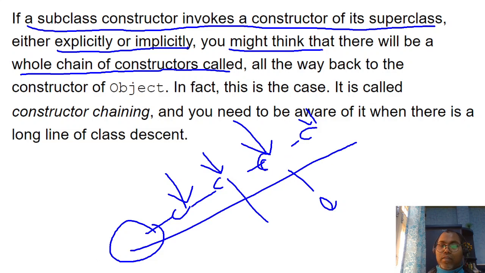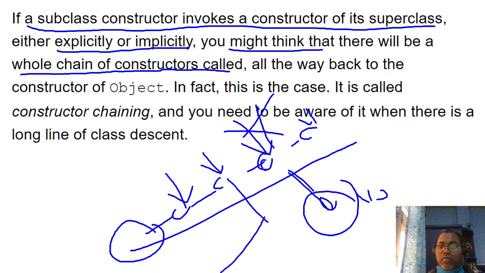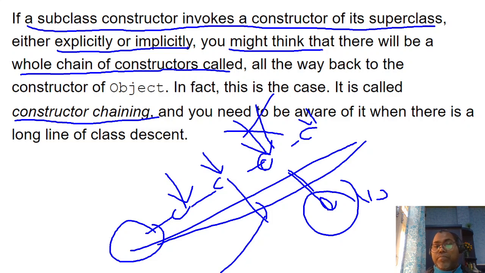If in some classes you manually define a one-argument or two-argument constructor, the compiler does not insert the default constructor and your chaining will break. So please ensure that, to complete the constructor chaining, you define your default constructor.